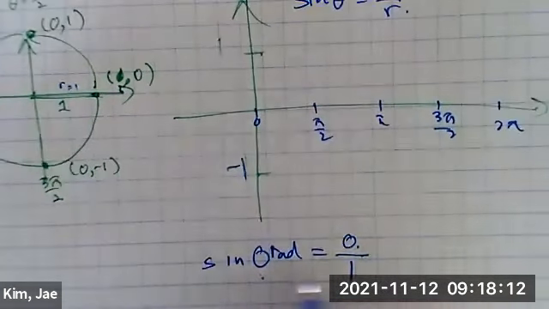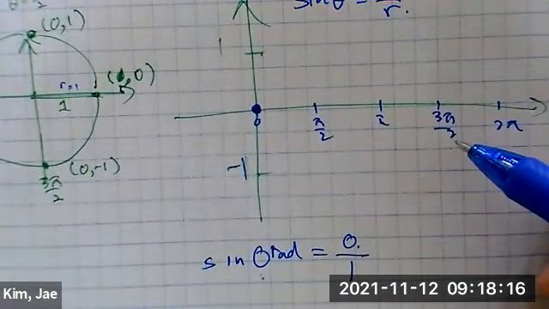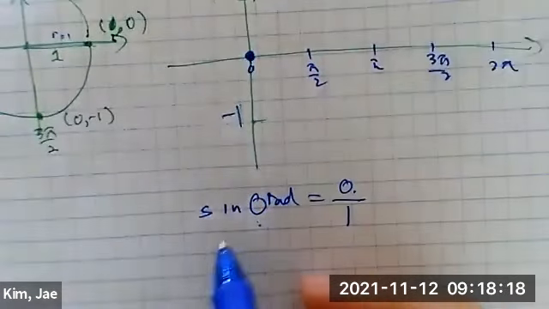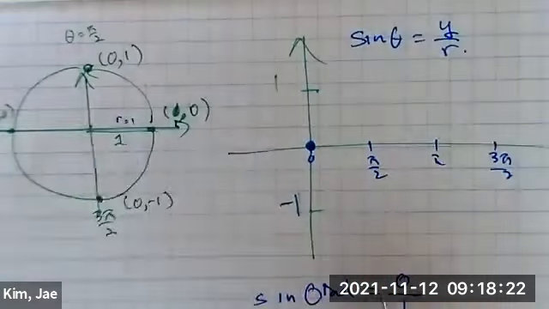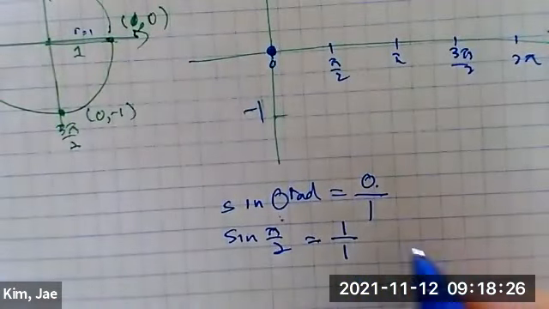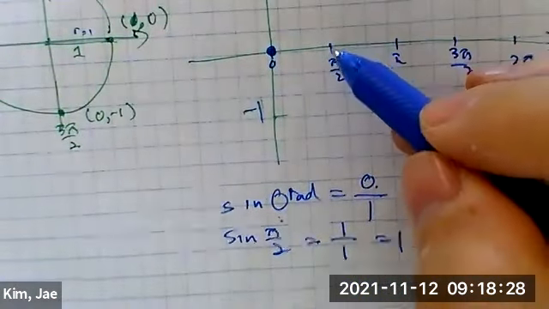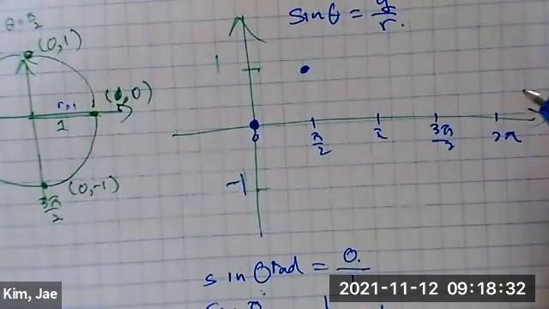At angle 0, my point is 0. With me so far? At sine of pi over 2, what's my y value? 1. It's 1 over a radius of 1. So sine of pi over 2 is 1.